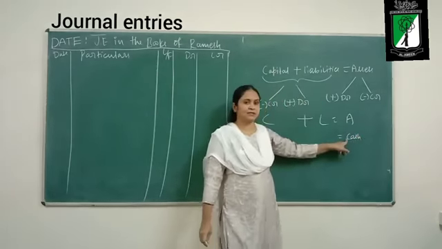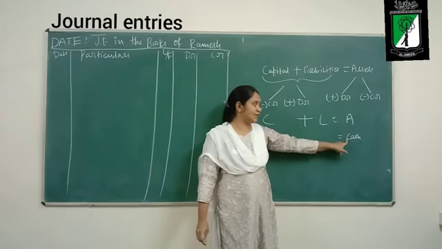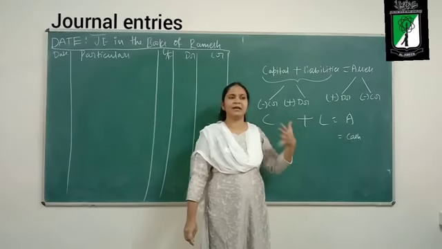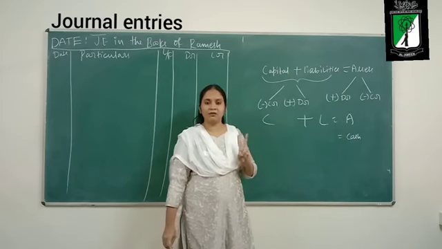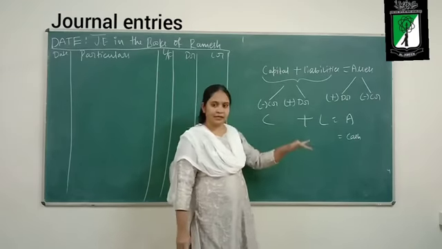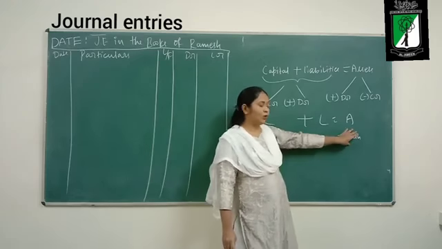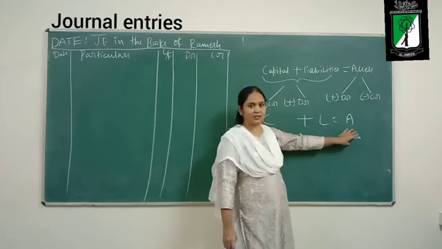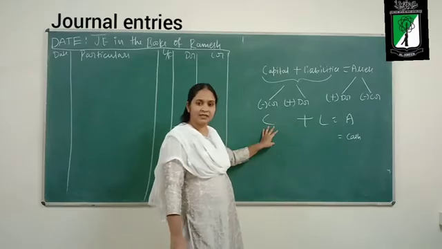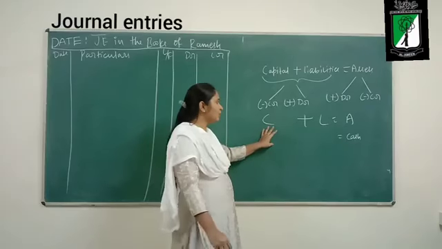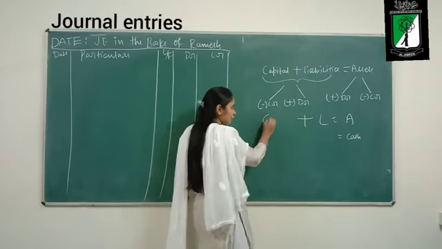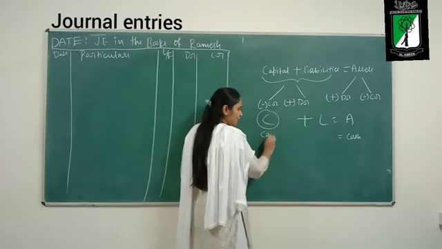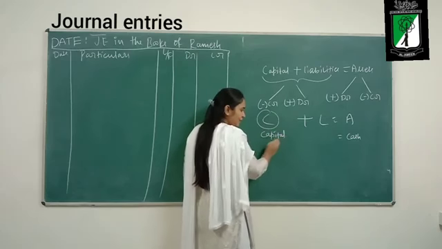Any transaction in the business will have two effects: take effect and give effect. What is the business taking? Cash. Who is giving this cash? The owner is giving capital to the business.